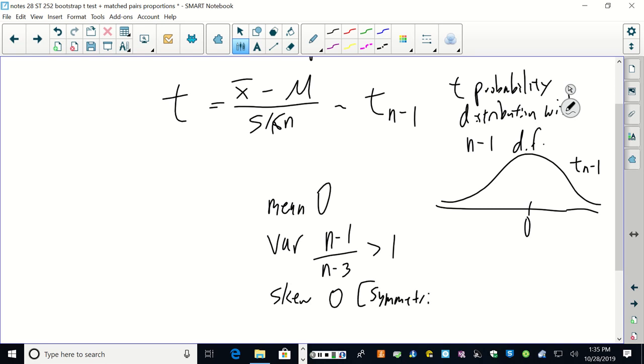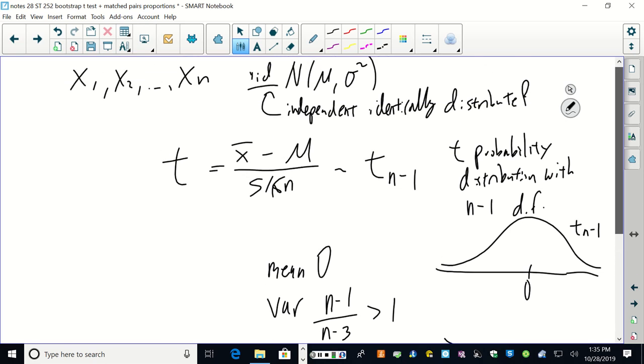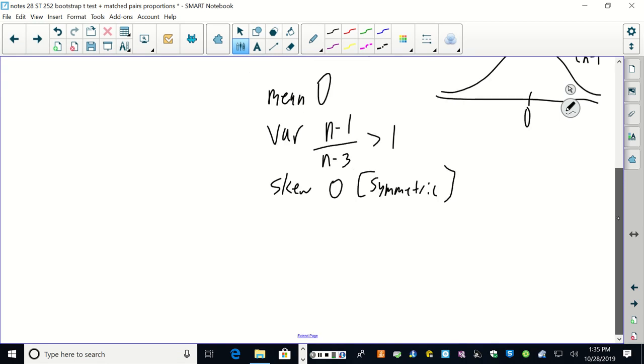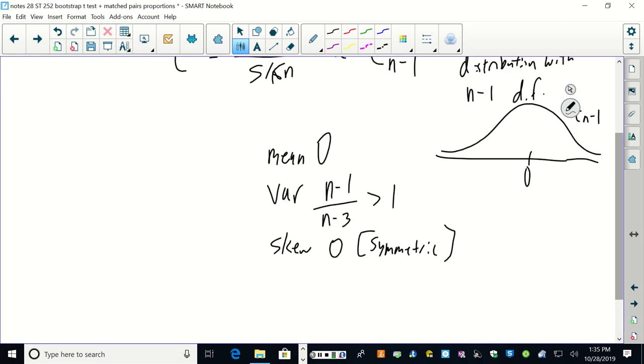And then the probability in the tails, called the kurtosis, is a little bit heavier in the tails than a normal. So if the data really were a sample from a normal shaped bell curve, and that probability distribution, then this thing would exactly have that distribution. And when we did our testing and got p-values, which look like tail areas under here, they would be all accurate.